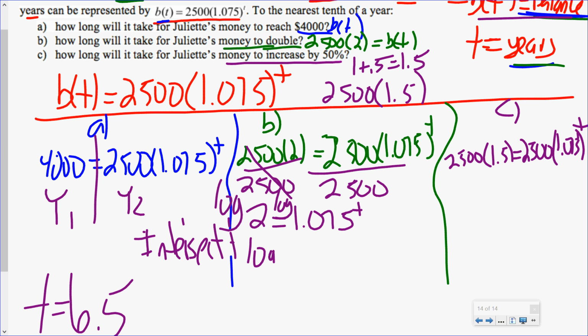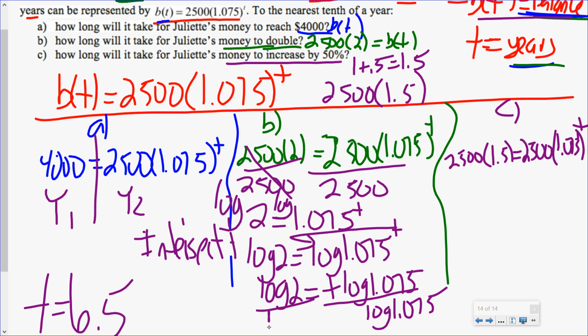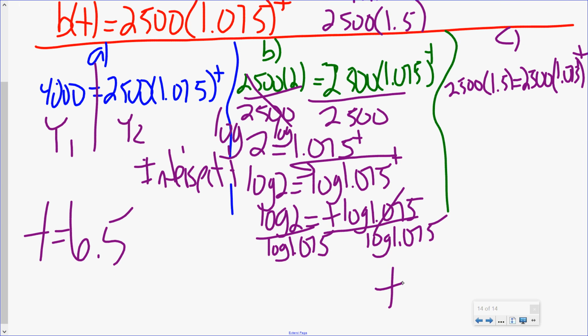So I have log 2 equals log 1.075 to the power of t. The exponent comes in front, and then I would divide that away.